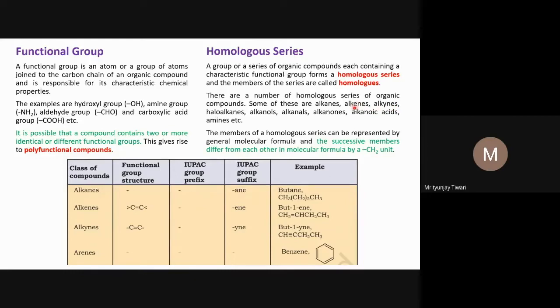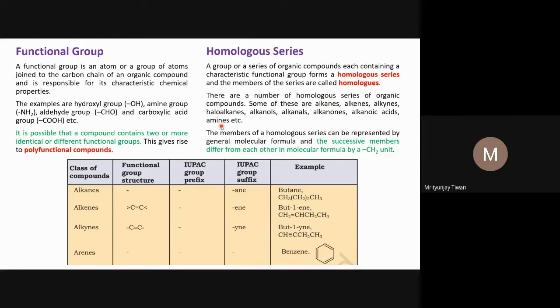And if at least one double bond is there, then we call such a compound an alkene. Again, repeating: at least one carbon-carbon triple bond means alkynes, ene means double bond, and ane means alkanes, carbon-carbon single bonds only.